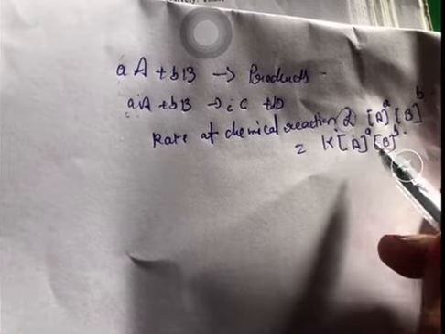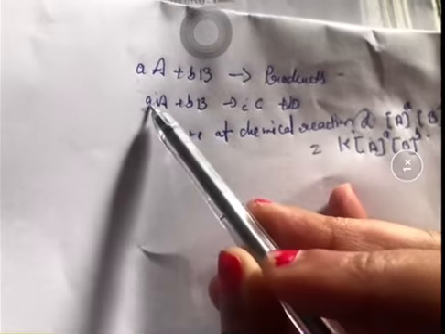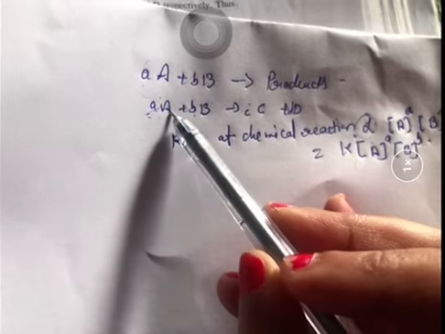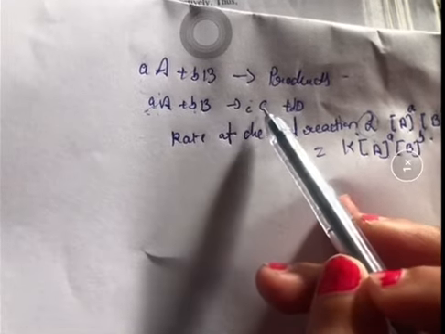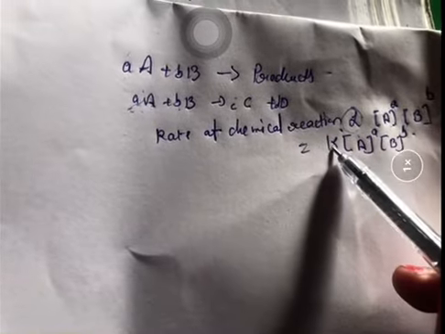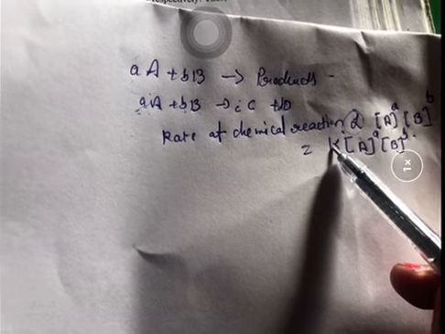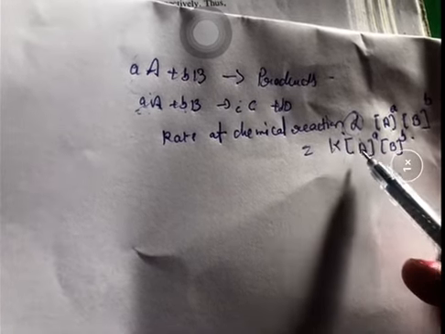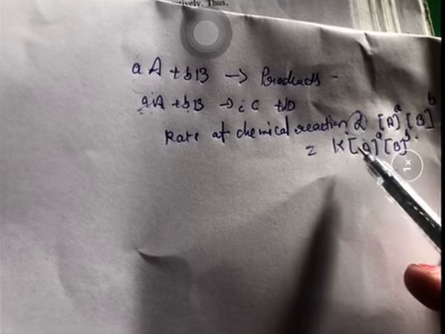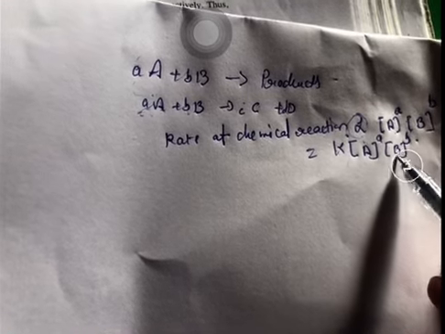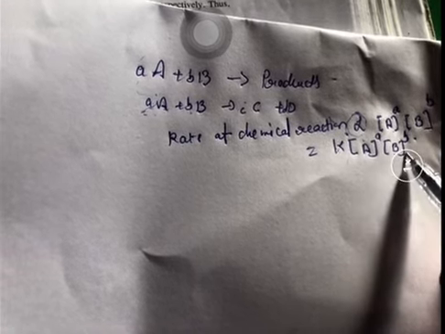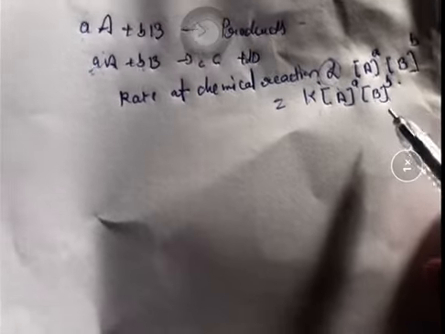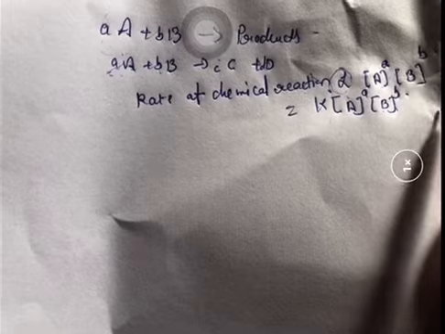So in this reaction, a and b are the stoichiometric coefficients for reactants A and B, and K is the rate constant, while the square brackets indicate the molar concentrations of the reacting species. Clear? So this is the law of mass action.